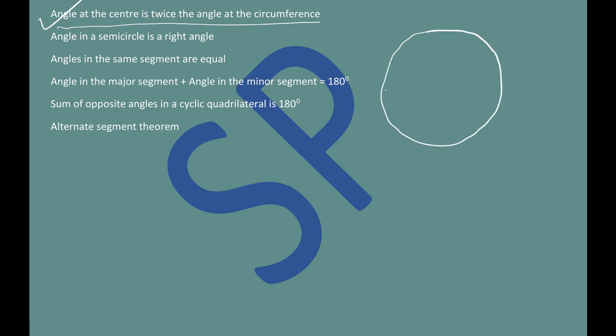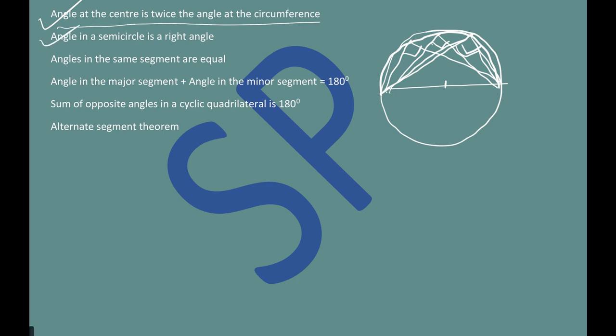You see, the angle in a semicircle is always a right angle. So I have a semicircle here, and that is the angle, and it is always a right angle. If I take it like this, that is also a right angle. If I take it like this, it is also a right angle.